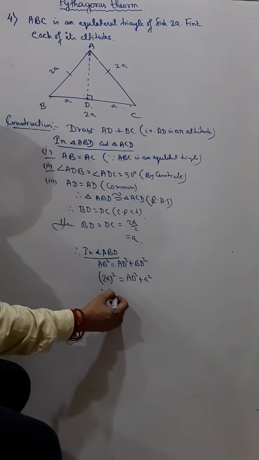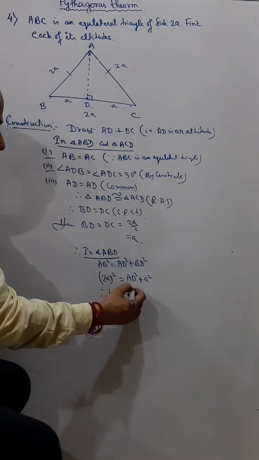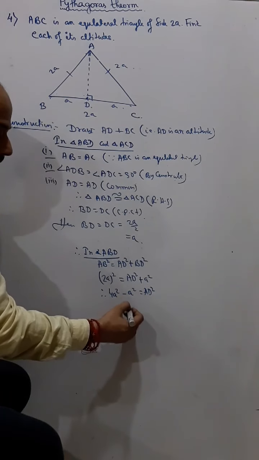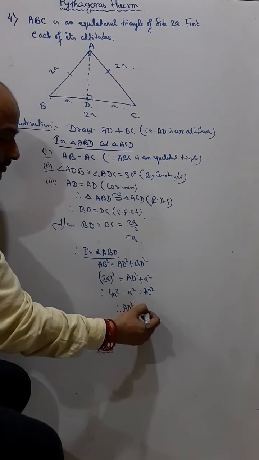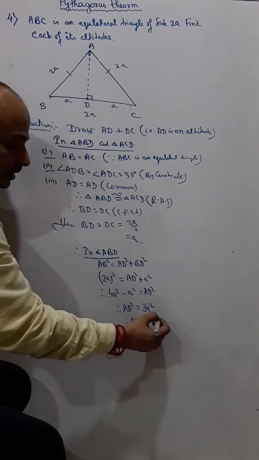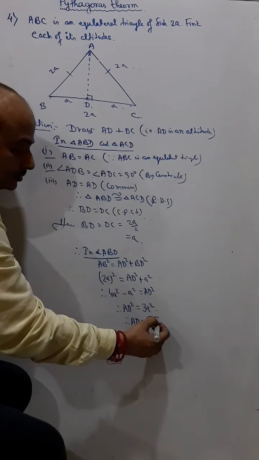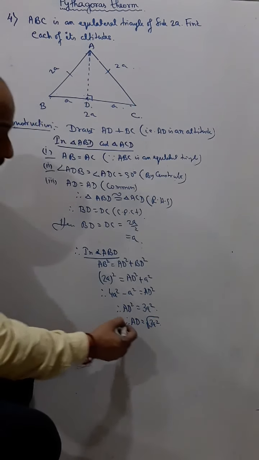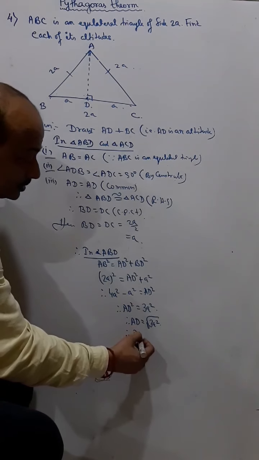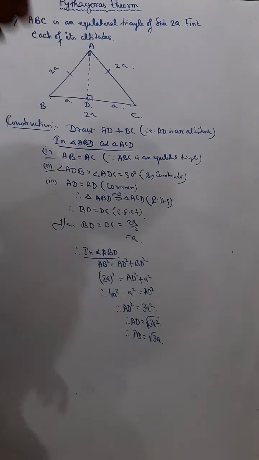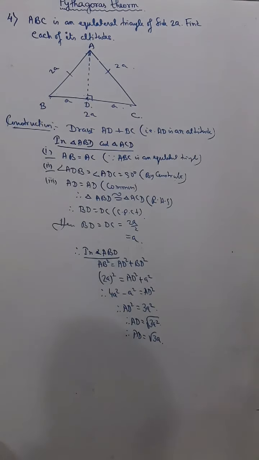So we got 4A square minus A square is equal to AD square, and therefore AD square will be equal to 3A square. AD will be equal to root over 3A square. So we got AD as root 3 A. Understand?